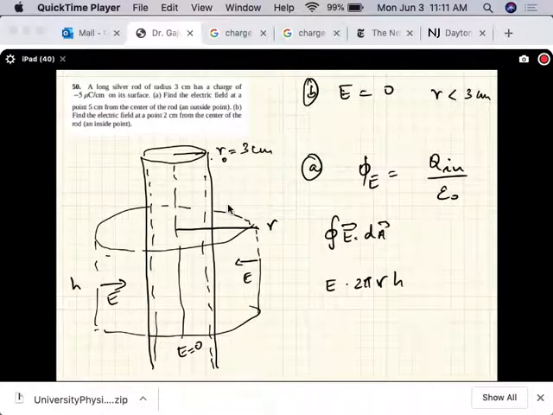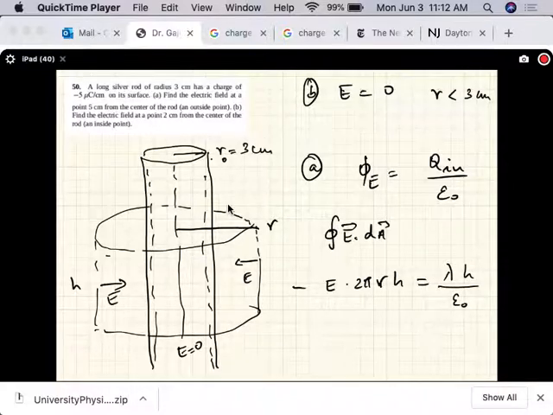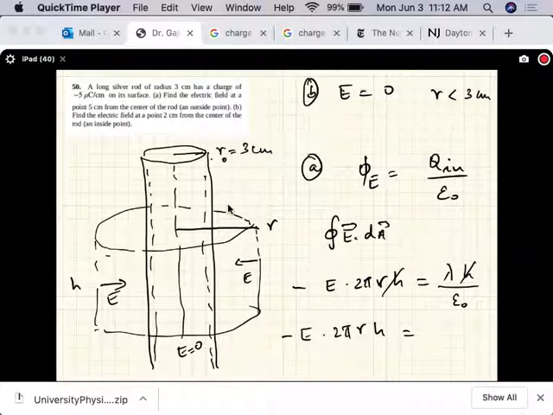This flux is negative, and that's equal to the charge inside, which is the linear charge density times the height, divided by epsilon naught. The linear charge density is minus 5 microcoulombs per centimeter. So minus E times 2 pi r h equals lambda h over epsilon naught. Oh, the h cancels.